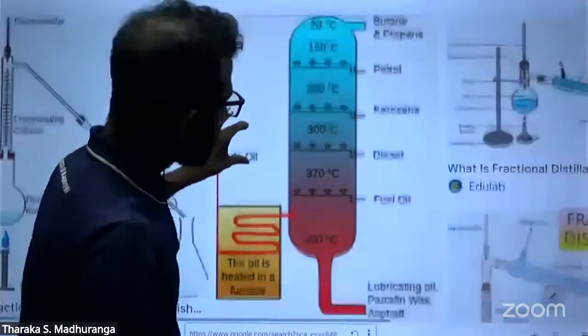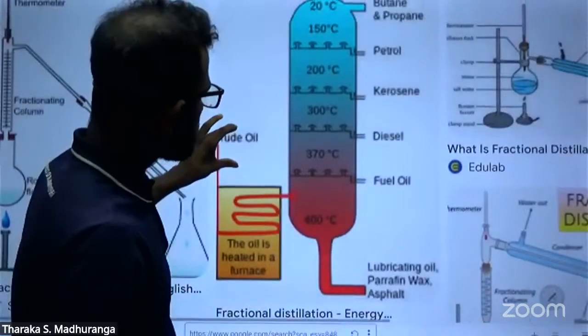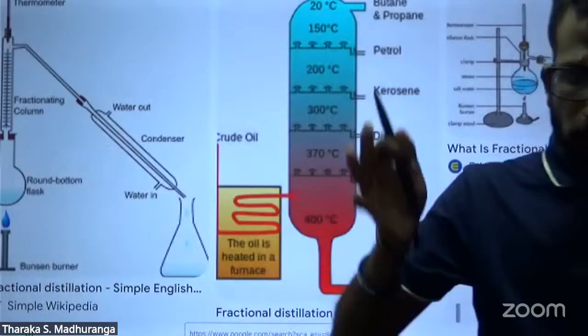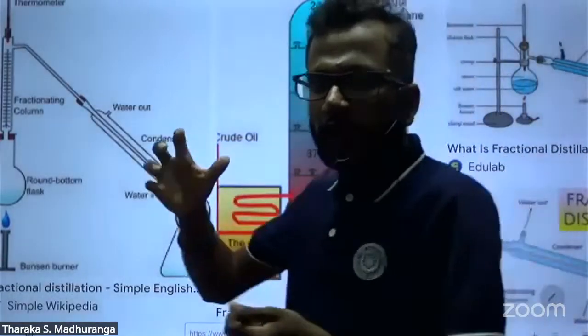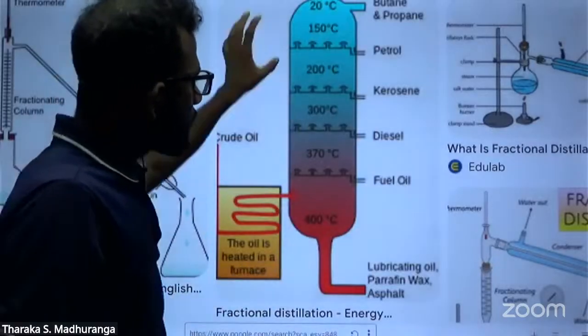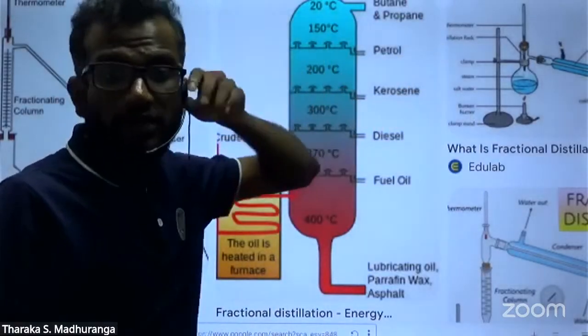For this fractional distillation, we need to use a special type of column, and sometimes we use more than one condenser as well.